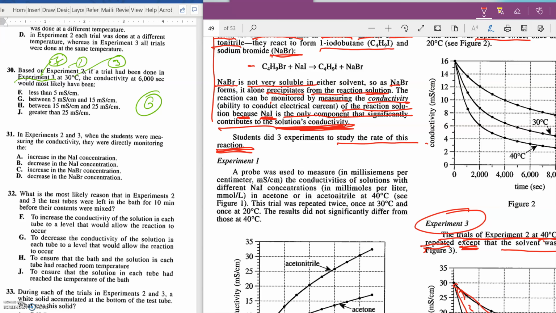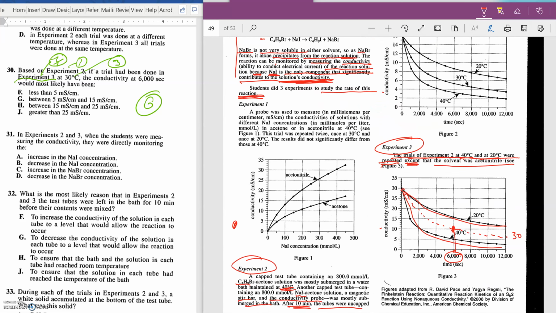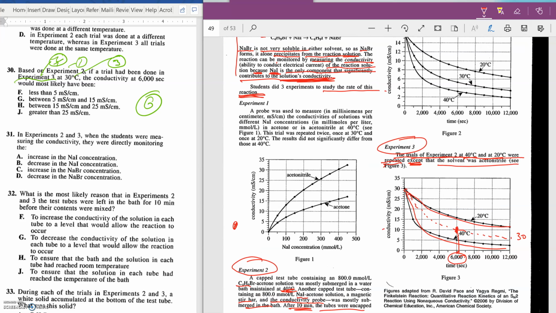So they're measuring sodium iodide. And in experiments 2 and 3, the conductivity is going down, right? The conductivity is going down. So it would be a decrease in sodium iodide.